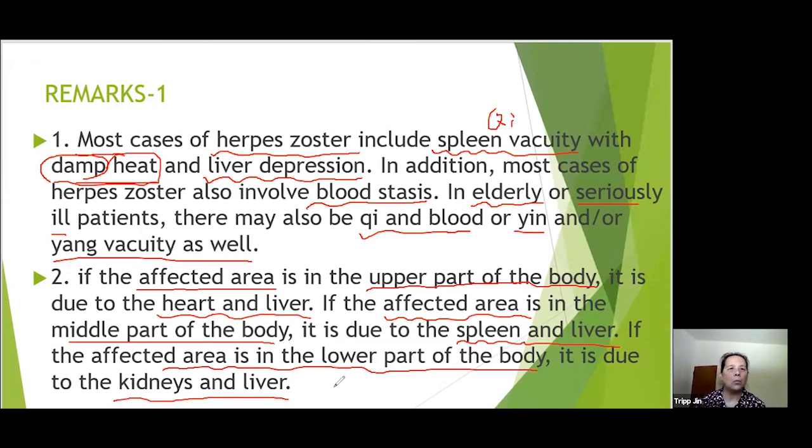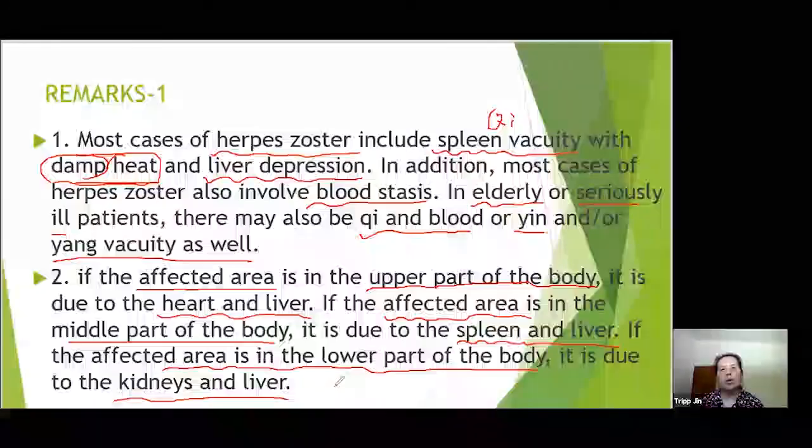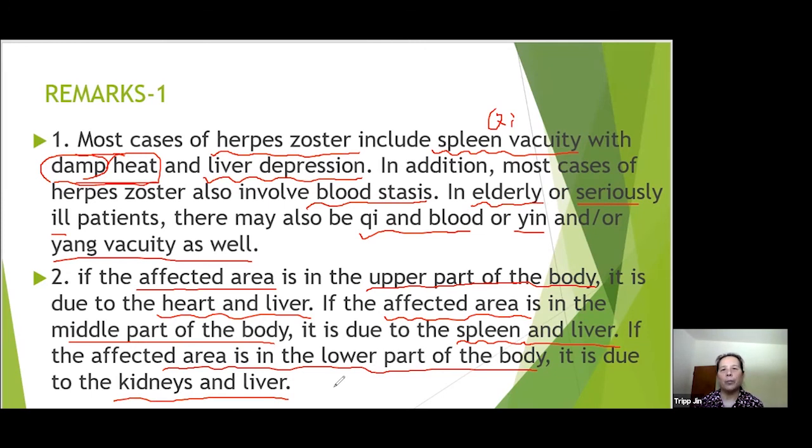The kidney belongs to the lower jiao, and the liver also circulates all over the body. So we can think about the patient's conditions, like we talked about before, the pattern of excess and deficiency, including different parts of the body and different organs. Maybe we need to tonify, maybe we need to reduce, depending on the situation.